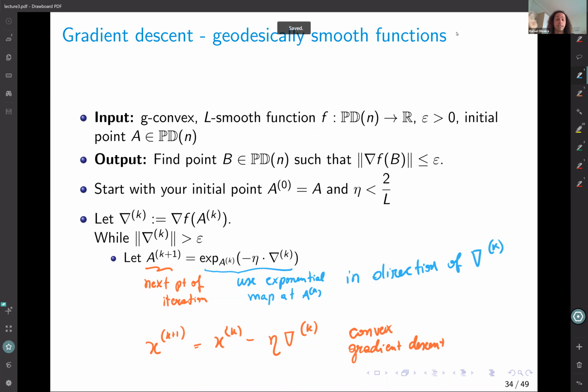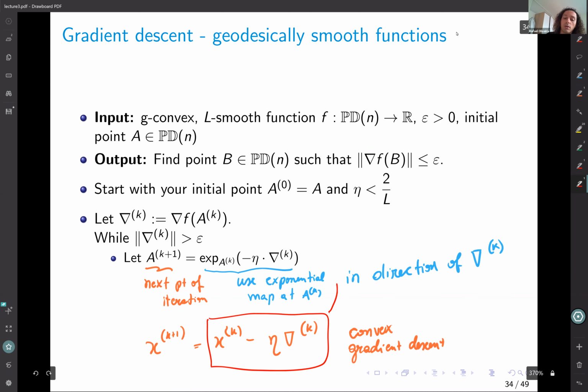Essentially, gradient descent for geodesically smooth functions works in exactly the same way as in the Euclidean setting. The only thing we need to replace is this term, which is the geodesic in the Euclidean setting, by the geodesic in the Riemannian setting.